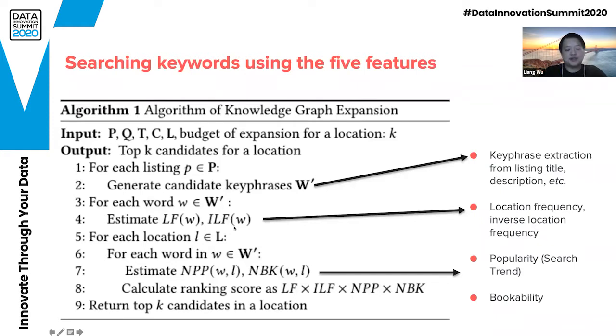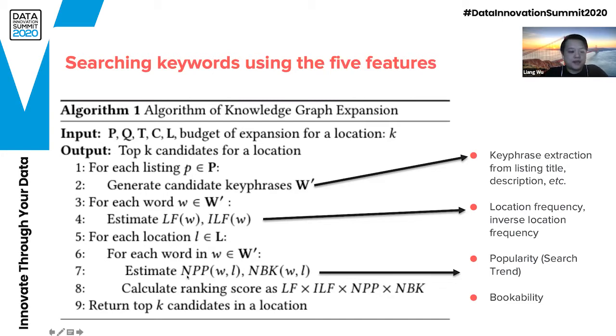This is very similar to TF-IDF, but instead of documents, we treat a location as a document. Basically, for each word, we try to find how representative it is of a location. And we also don't want it to be a keyword that's popular across the world.